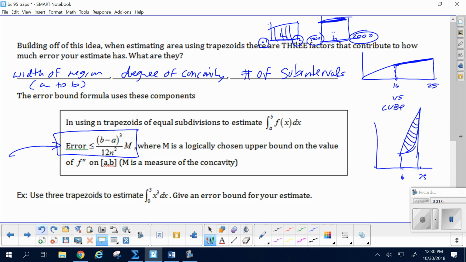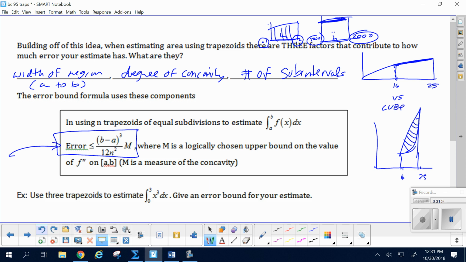This is one of the few cases where I will say the error-bound formula is this, and I'll just expect you to know how to use it, but I won't be asking you to prove where it comes from, unfortunately, sadly. If you choose to look it up and go into it, it's really cool. You actually use the mean value theorem for integrals once. It's pretty great. It's pretty fun.